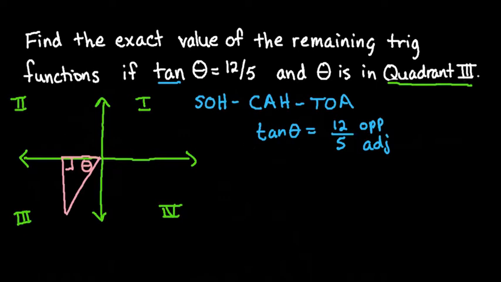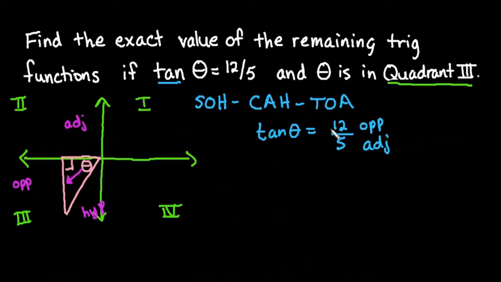If it helps you, theta is going to be here, so our opposite side is going to be here because that's the side that's not touching. The adjacent side is going to be next to it, and the hypotenuse would be the longest side, or the side opposite of the right angle. So if that helps you to label the information, then do so.